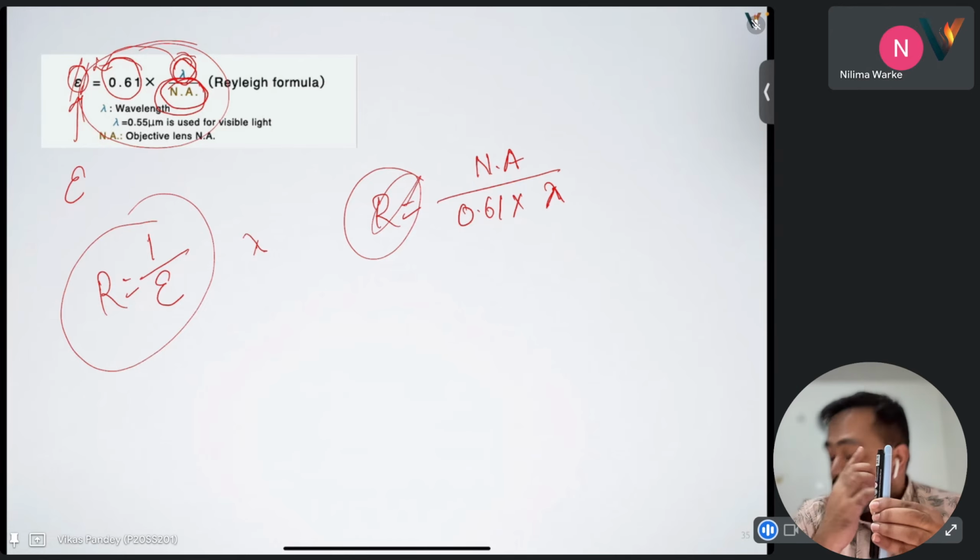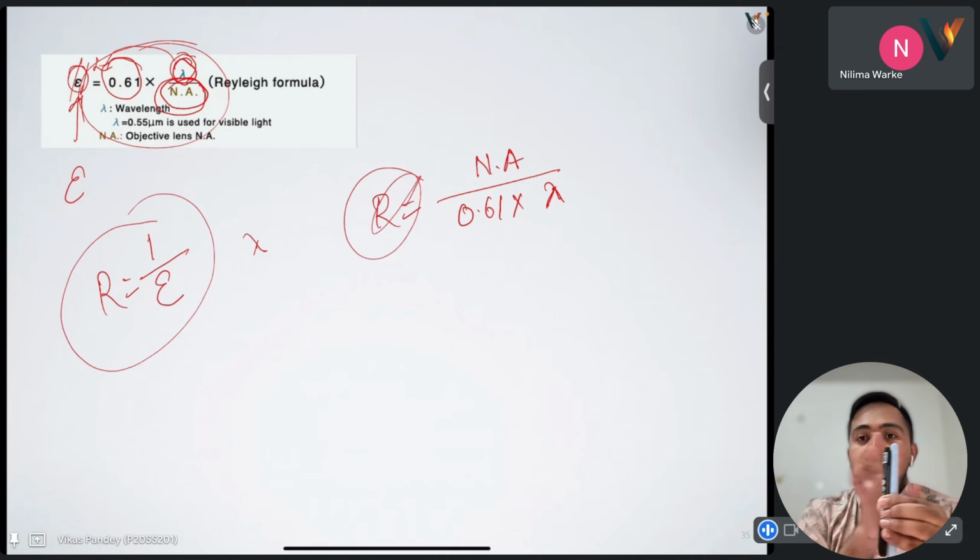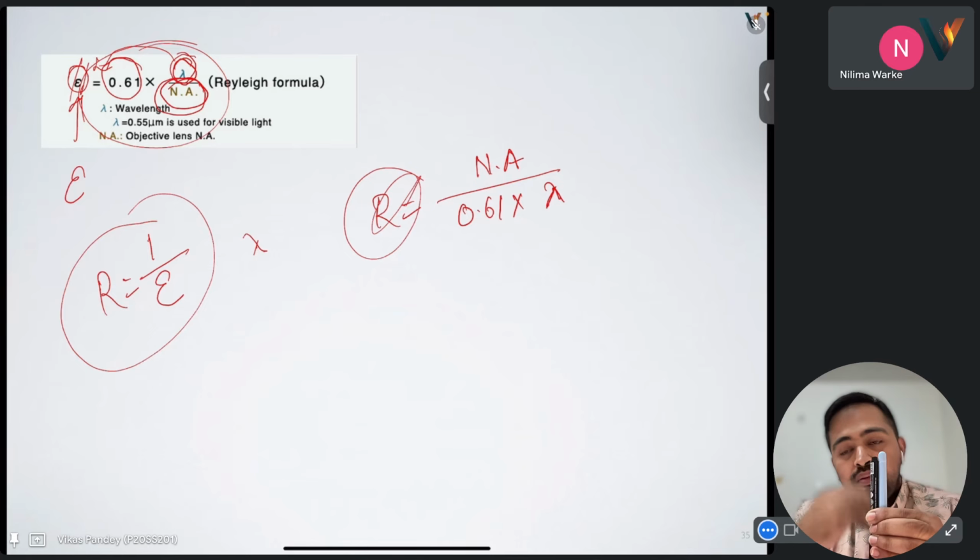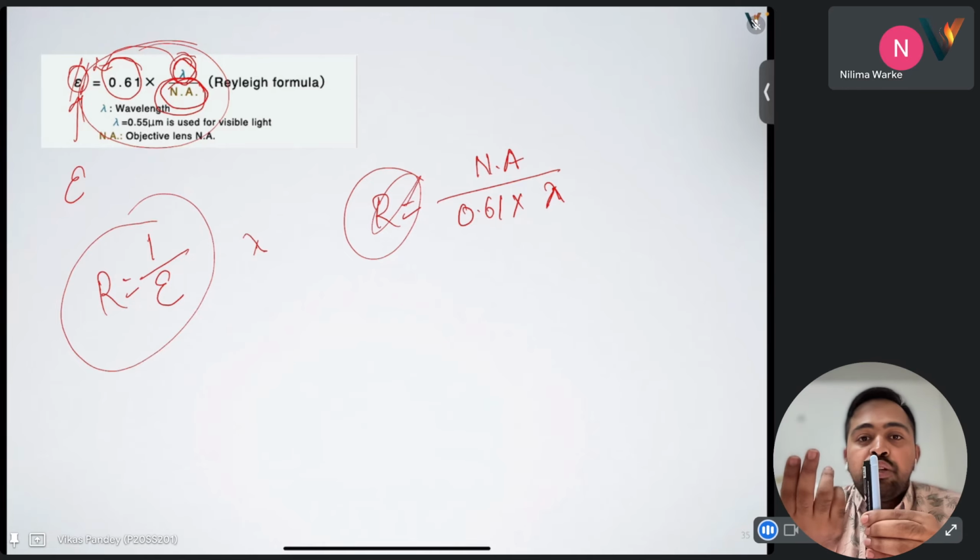So that microscope resolution, the ability to distinguish between the distance or see the distance clearly, will depend on the light source being used, the wavelength of the light source. Lower the wavelength, better I can see the distance or the gap. Higher the numerical aperture, I can better see it.